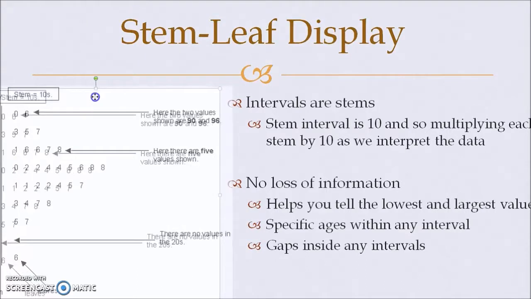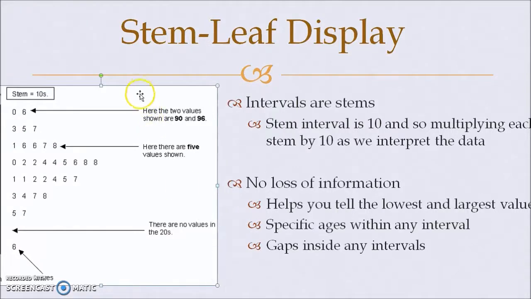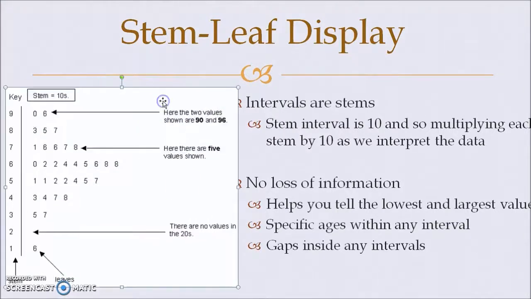stem and leaf display, which helps in removing the loss of information. So I just moved it a little bit so that you guys can see it. So here is my stems, and this is my stem width. So this basically means it is 90, 96.